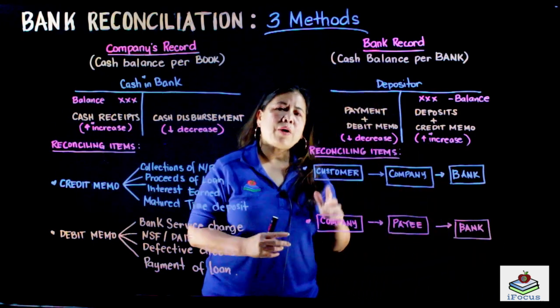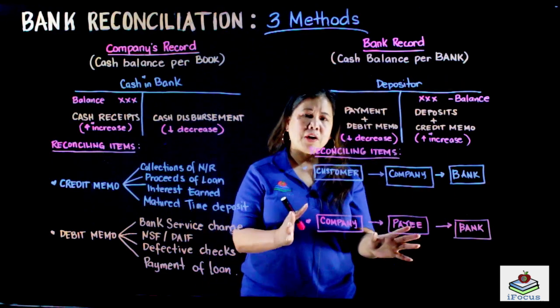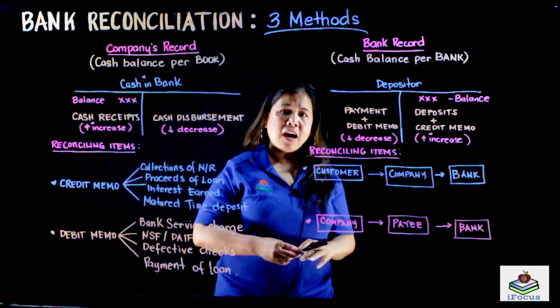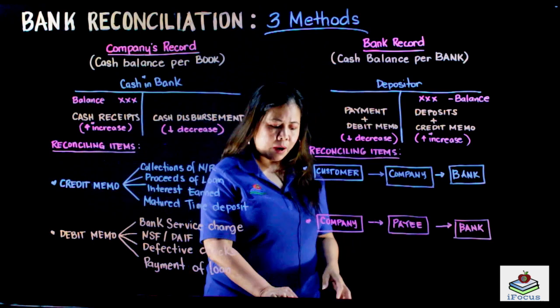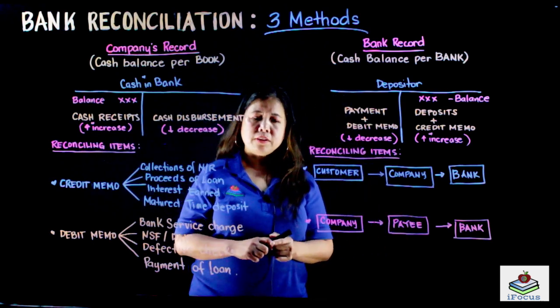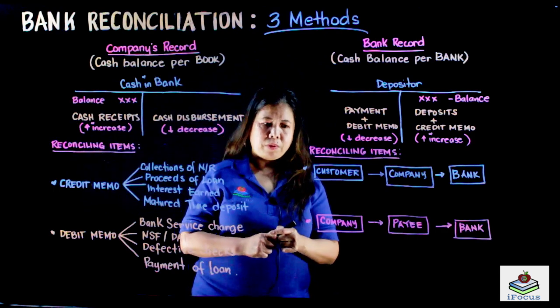So, sa bank's record naman, on the cash balance per bank, ang ating mga reconciling item ay deposit in transit at outstanding check. Ang deposit in transit, kapag nagkaroon ng collections from the customer, our entry will be debit to cash in bank and credit to accounts receivable.